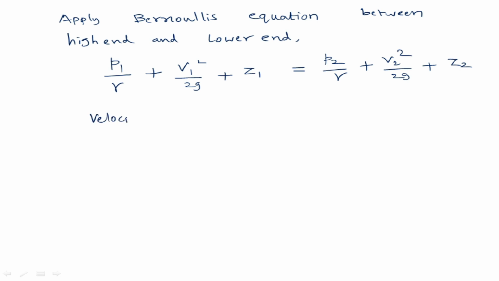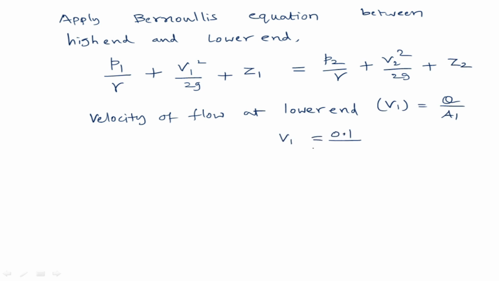Velocity of flow at lower end, V1 is equal to Q by A1. Therefore, V1 is equal to 0.1 is the discharge, A1 is 0.306. V1 is equal to 0.326 meter per second.